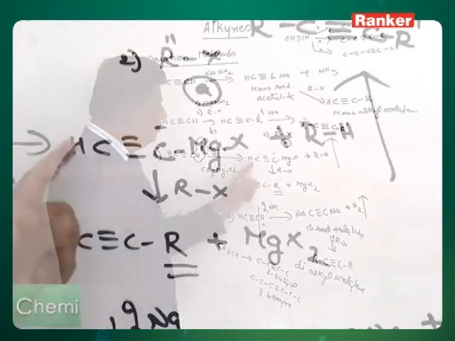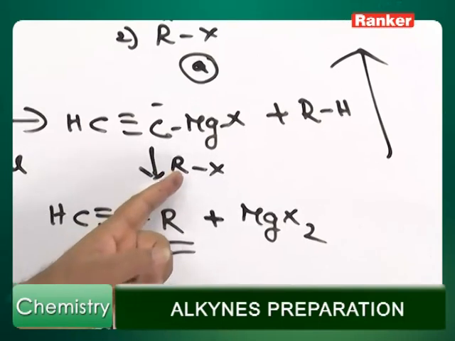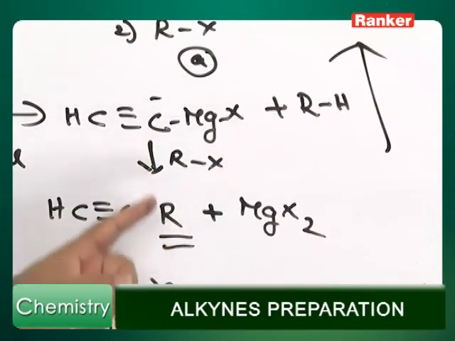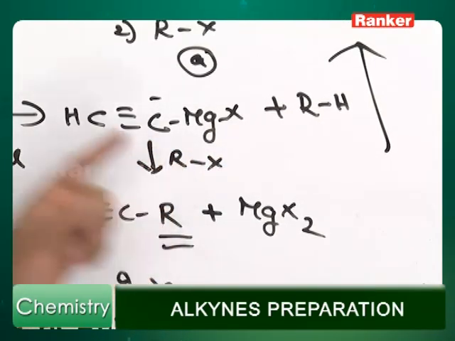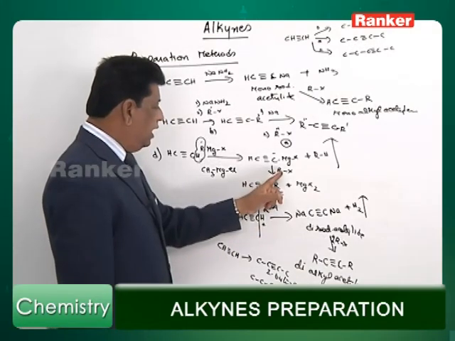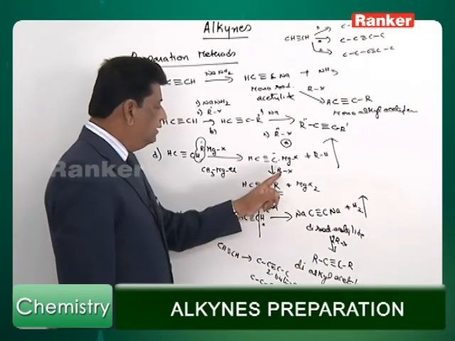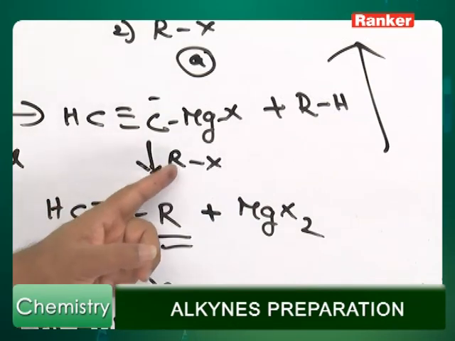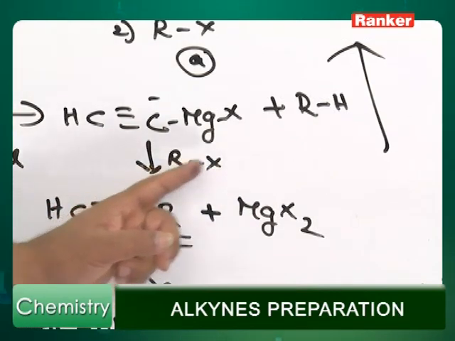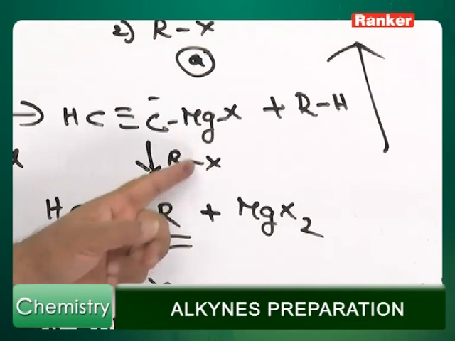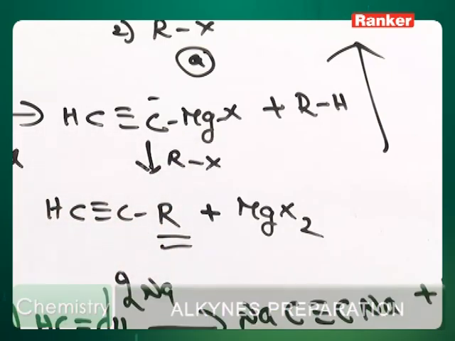This is solid, for which you add the desired RX. So if you want phenyl, you use phenyl. If you want ethyl, you use ethyl, and so on. So whatever R you want, you have to fix that R and then use such type of alkyl halide, so that the desired R containing acetylene can be prepared.